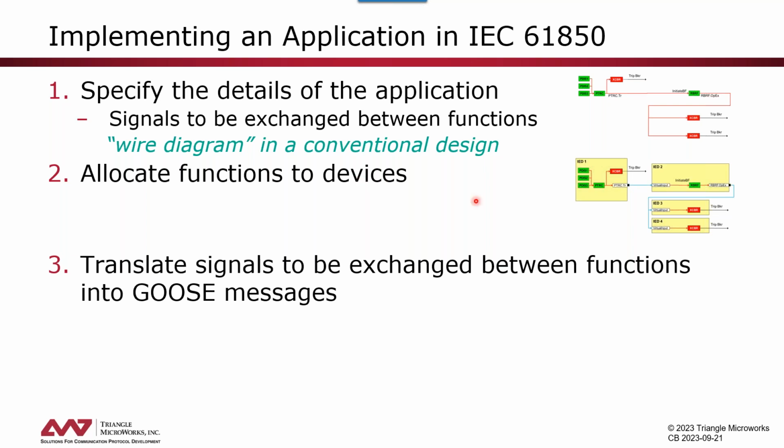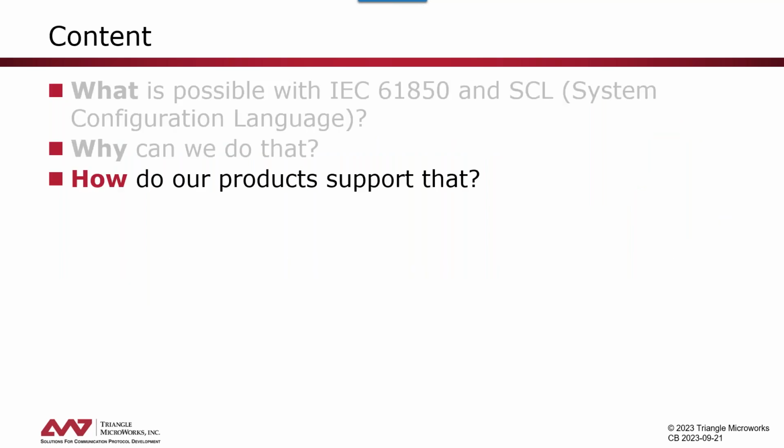We then have to allocate the functions to devices, to IEDs, and then based on this allocation and the complete signal flow, we have to translate the external signals into GOOSE messages and associated data sets. And when we have all that together, that will create all the information in our SCL file that we then can use to design our system, to configure our system, but also to simulate.